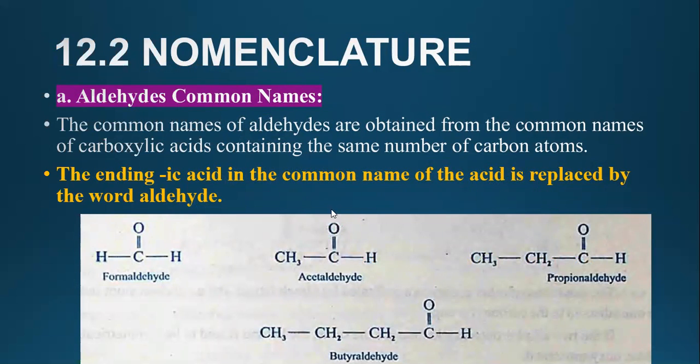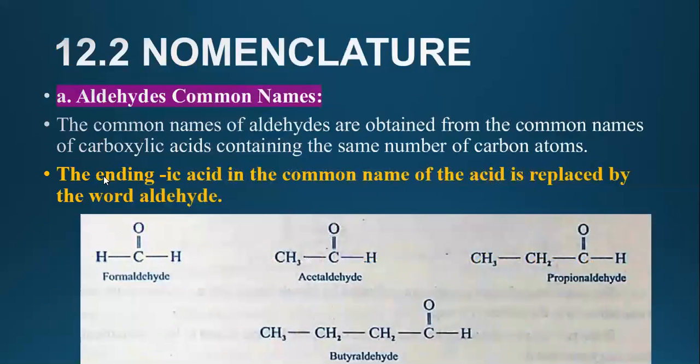The common names of aldehydes are obtained from the common names of the carboxylic acids. In our previous lecture, you saw the detail of carboxylic acids. So we can say that the common names of aldehydes are derived from the common names of the carboxylic acid which contains the same number of carbon atoms.